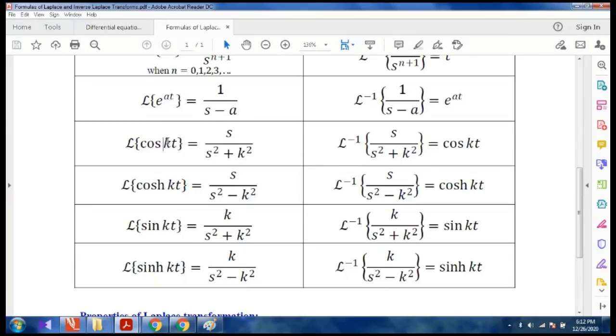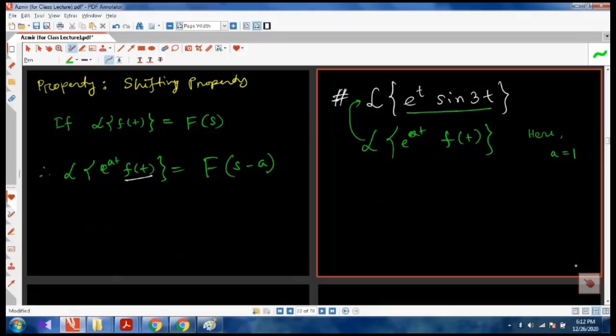So that is the reason behind why I have mentioned the constants a and k. I can also write cosine at, sine at, but instead I have written kt. So actually the letter has a symbolic meaning. So here automatically you can understand that a is 1.